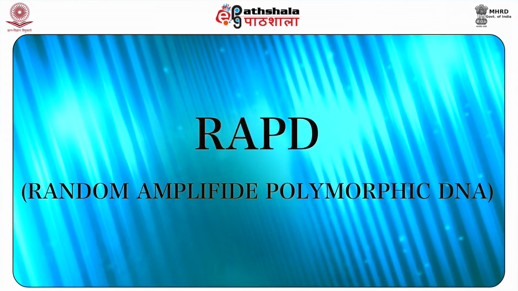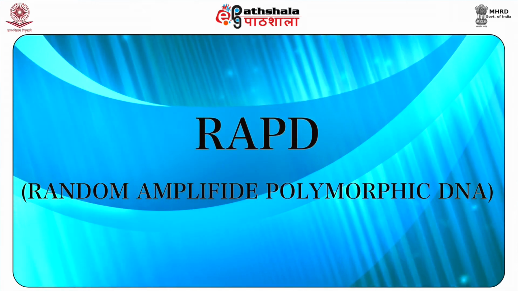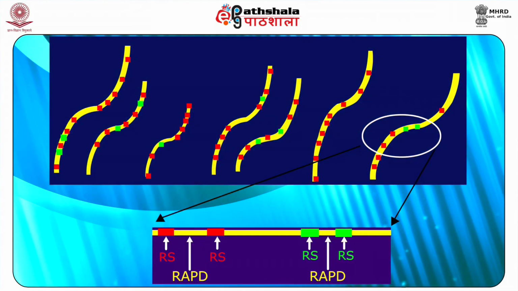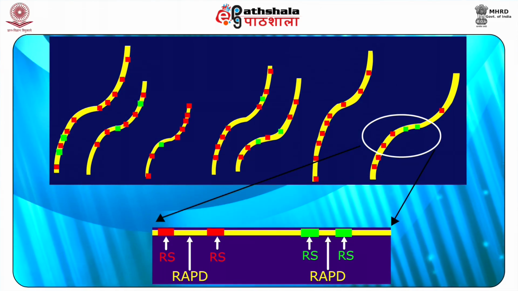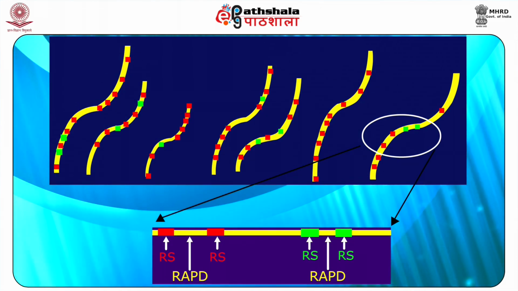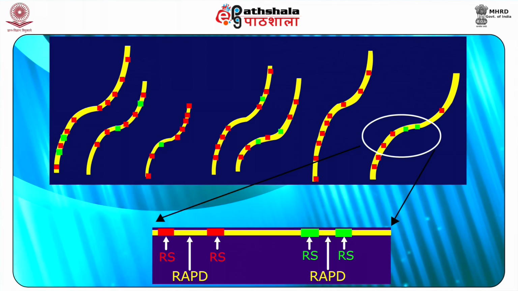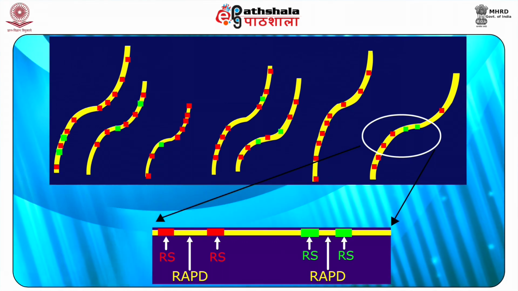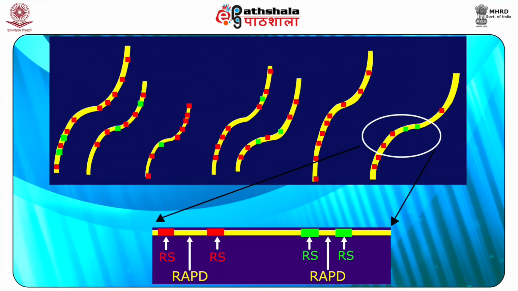Now we move on to RAPD or random amplified polymorphic DNA. RAPD is a type of PCR reaction in which segments of the DNA are amplified at random. The DNA markers are developed by using random sequences of specific markers through the use of random primers.